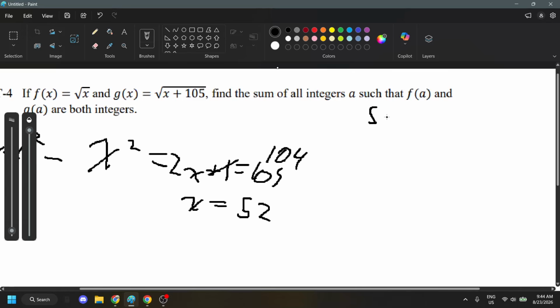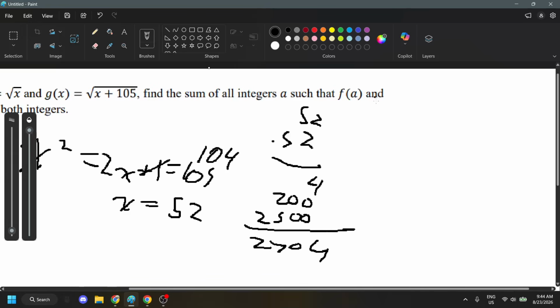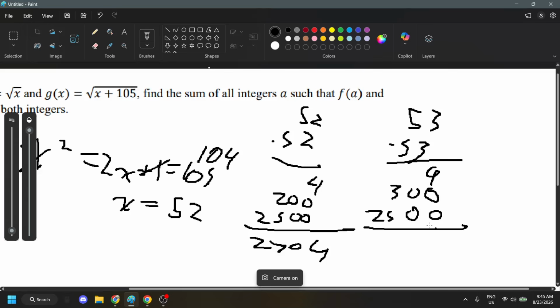What is 52 squared? That's going to be 2704. What's 53 squared? It's going to be 2809.